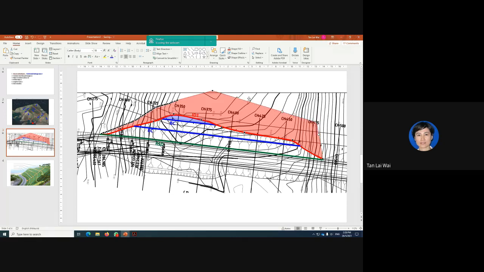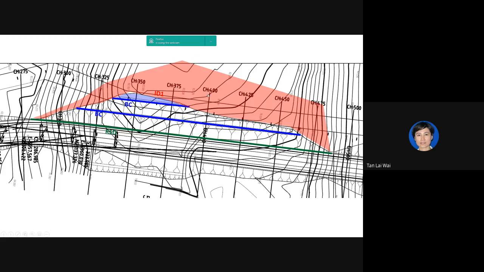I imagine the flow from upstream here will go down, eventually down here. So this will be the area. This is what I have delineated for my catchment area that will drain into this interceptor drain. So this is my A.